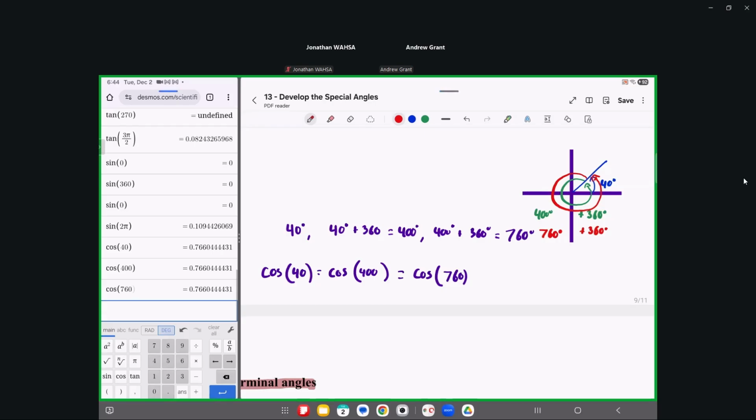So for clarity, sine of 13.4 degrees is the same thing as sine of 13.4 plus 360 degrees. You would still get the exact same answer. It should be noted that if I were to take 13.4 and minus 360 degrees, you would still get the exact same solution, even though it would be a negative angle.